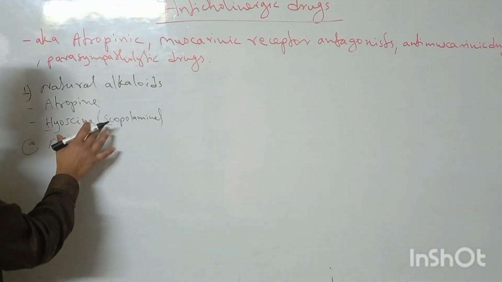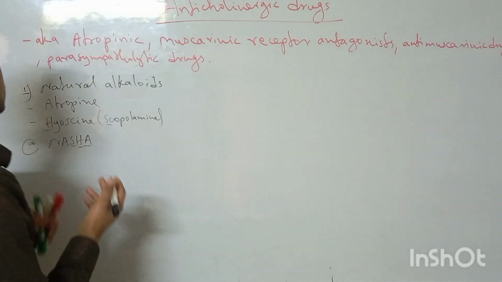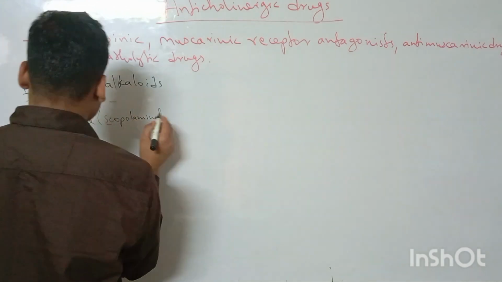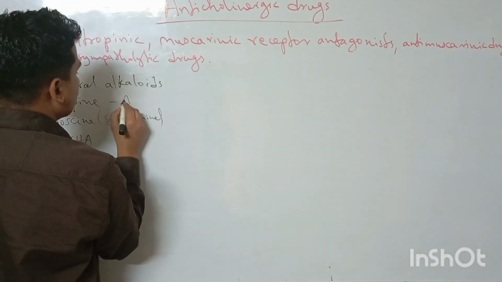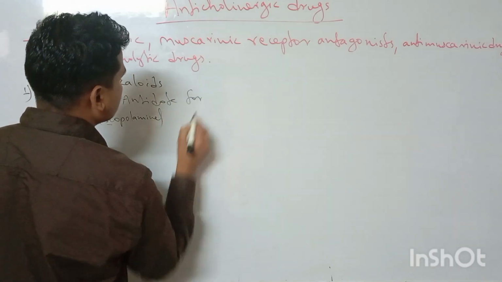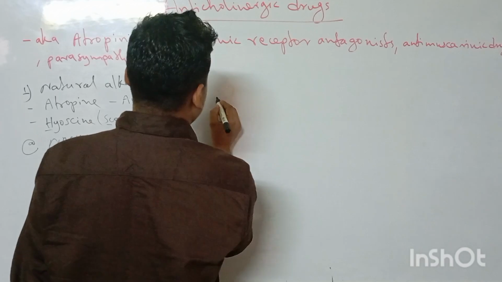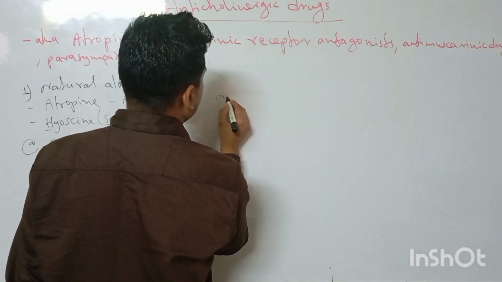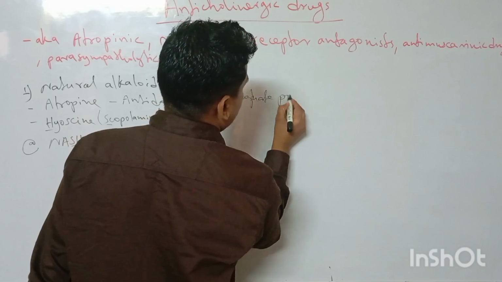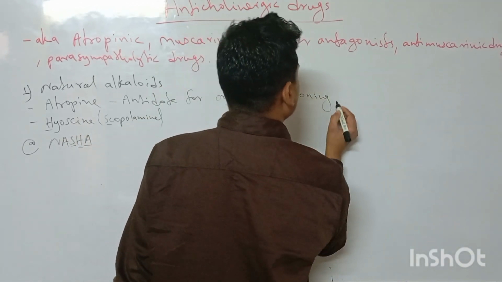From this category, very important MCQ and viva questions are frequently asked. Like, atropine is the antidote for organophosphate poisoning, OP poisoning.